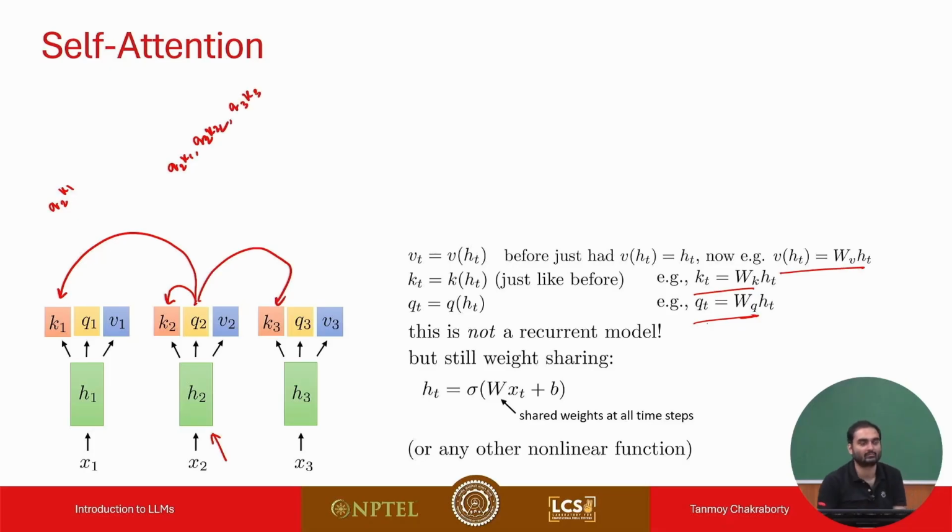So every query is multiplied with all the keys. At this position you have Q2, K1, Q2, K2, Q2, K3.